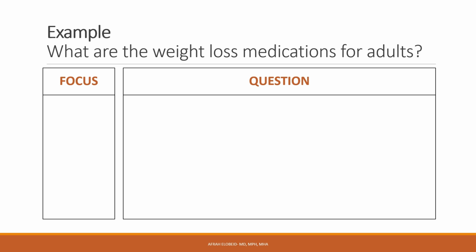So we'll take one example and apply the PICO method, and also apply the PubMed search from the MeSH database. For example, we want to know what the weight loss medications for adults are. What are the available medications for adults? So let's start with the P, the population here.